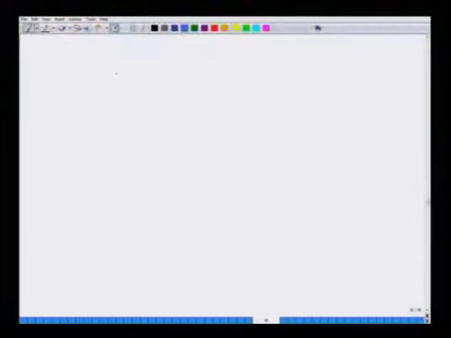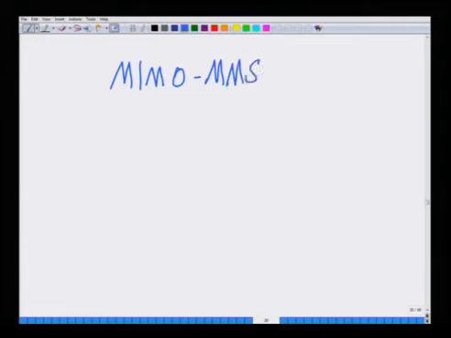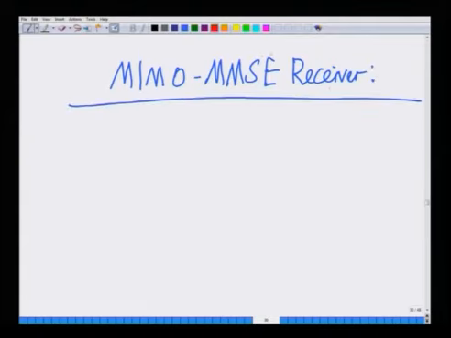As we saw, the least squares estimate or the zero forcing receiver suffers from the problem of noise enhancement. So, we are going to look at another alternative receiver which is robust to noise enhancement, or which avoids the problem of noise enhancement, that is known as the MIMO MMSE receiver.